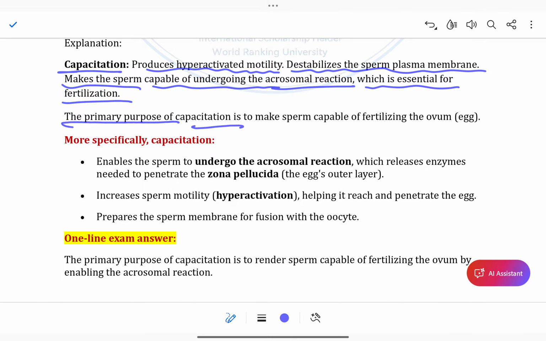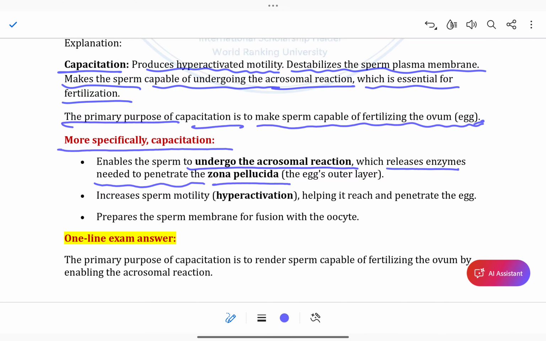The primary purpose of capacitation is to make the sperm capable of fertilizing the ovum or egg. More specifically, capacitation enables the sperm to undergo the acrosomal reaction, which releases enzymes needed to penetrate the zona pellucida, the egg's outer layer.